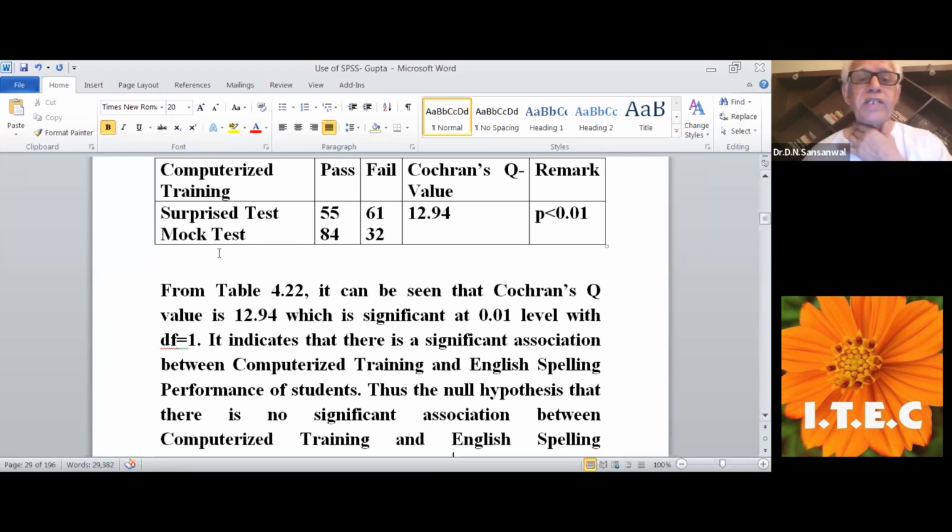Now you can see that more students passed in the mock test. Because 55 and 61 is not a much difference, but there is a lot of difference between 84 and 32. So that means mock test helped in improving the English spelling.